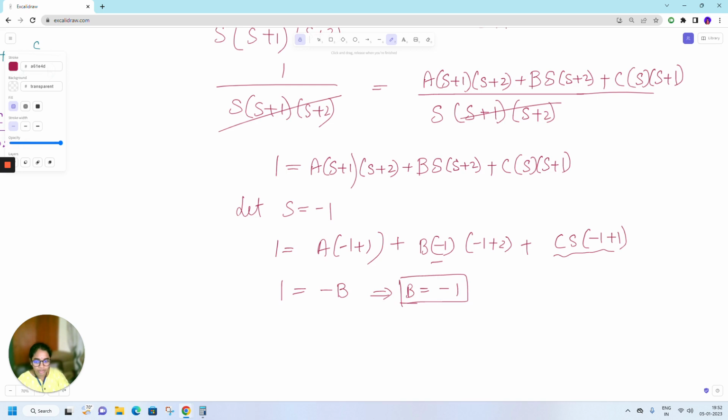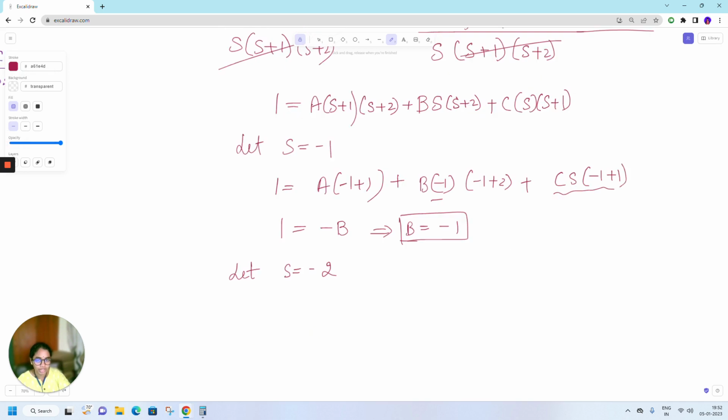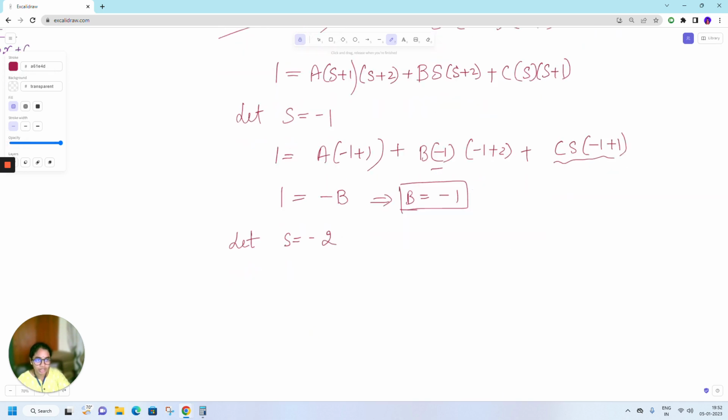Okay, now let me take, say, let s is equal to minus 2. What will I get in this equation 1? LHS will remain as it is, just because there is no s term in the LHS. So 1 is equal to a into minus 2 plus 1 into minus 2 plus 2. So this becomes 0.